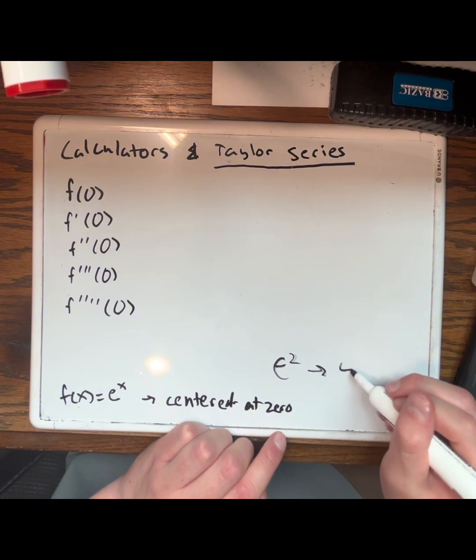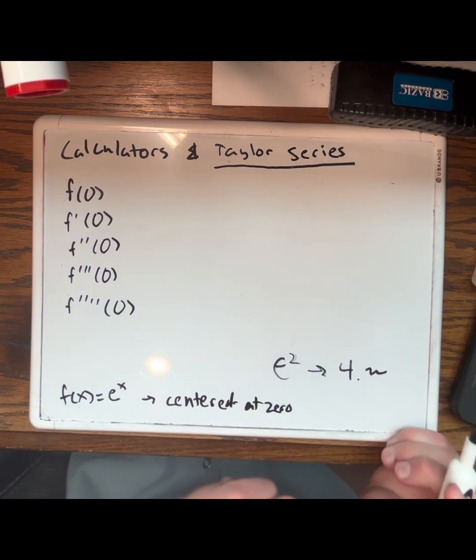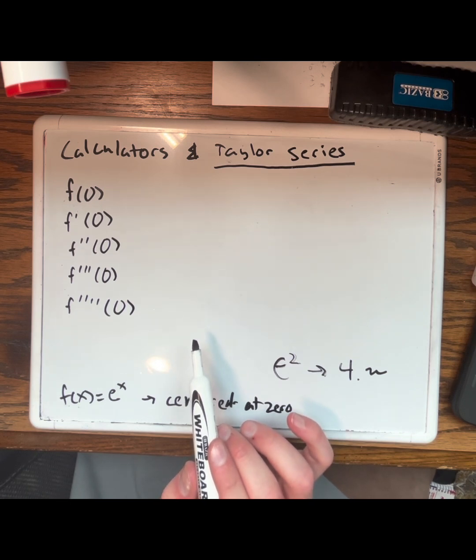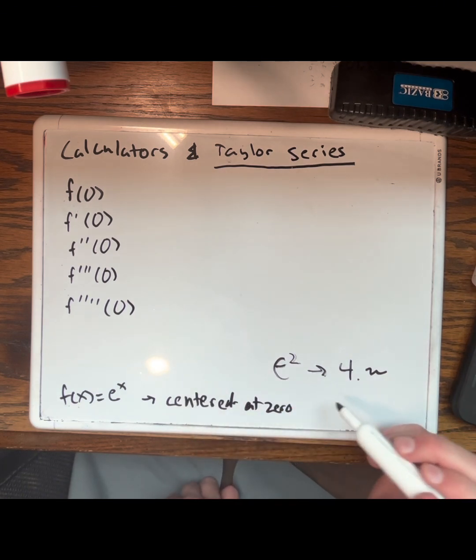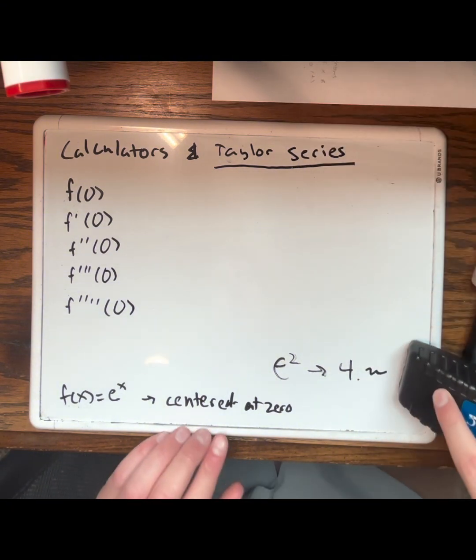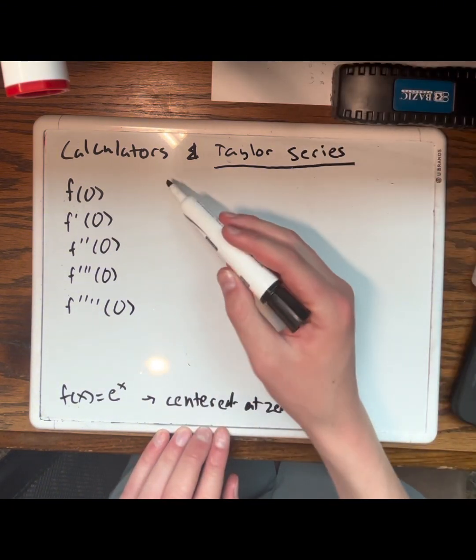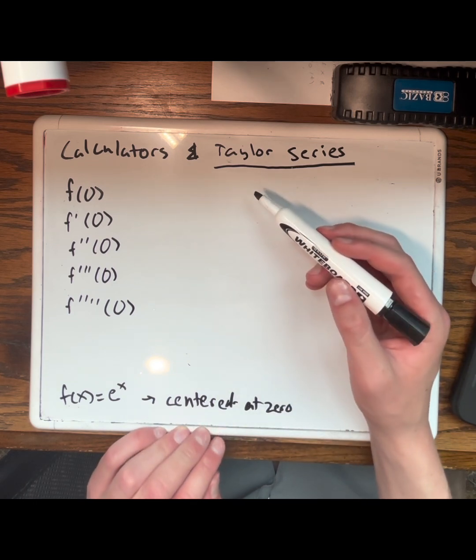I don't actually know what it is, 4 point something. So why would I need to go through this whole entire process for a Taylor series? It seems like a big waste of time if I can just put it into my calculator and it'll spit out the answer. Then when I was researching this, I found out that calculators actually use Taylor series.